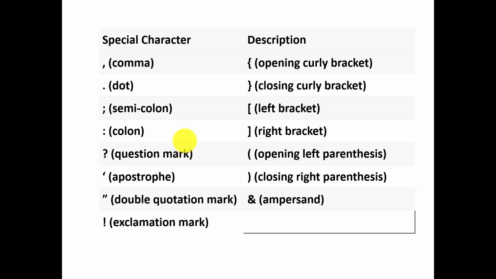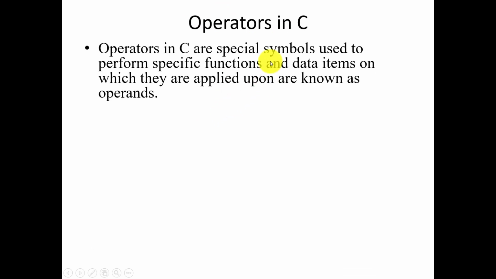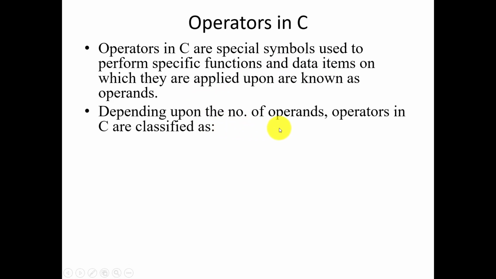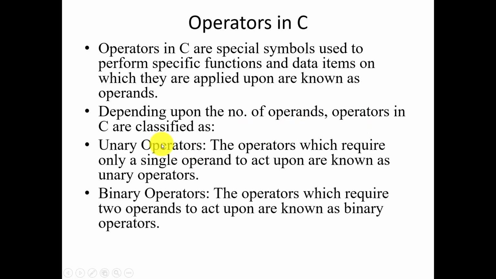Now the next token in C language is the operators. What is an operator? It's again a special symbol used to perform functions on data items, known as operands. Operators can be divided into unary and binary.